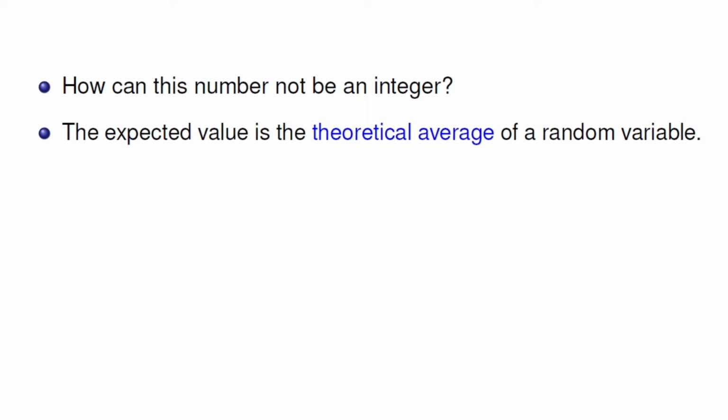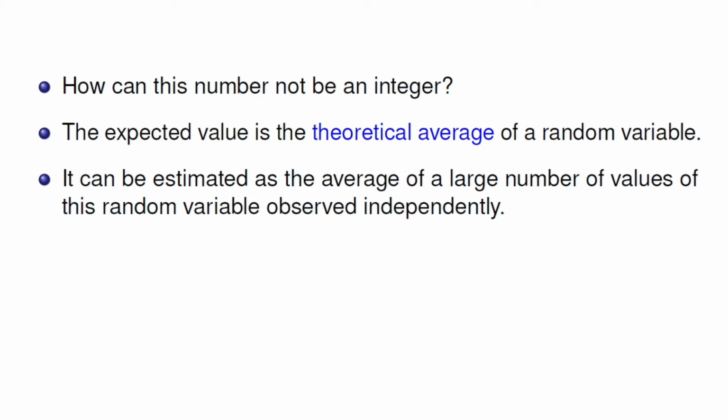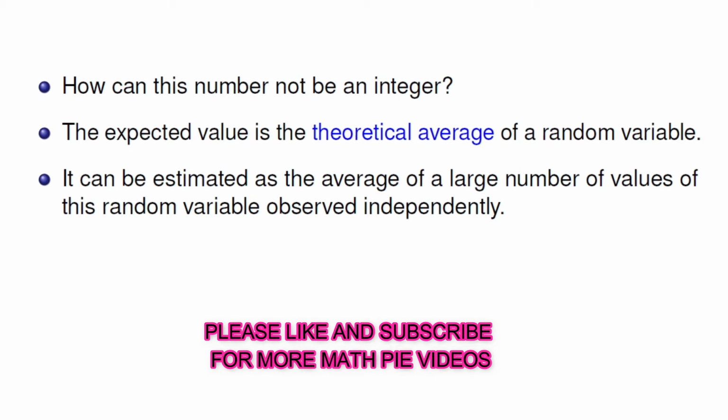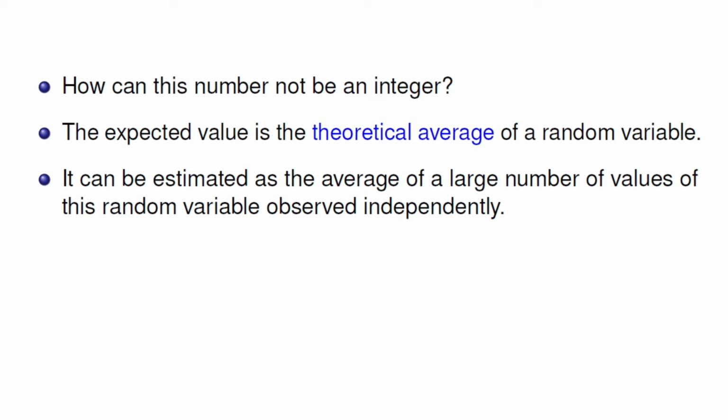The expected value is the theoretical average of a random variable. We can estimate it as the average of a large number of values of this random variable observed independently. That is to say, we select a household and see the number of cars this household has.